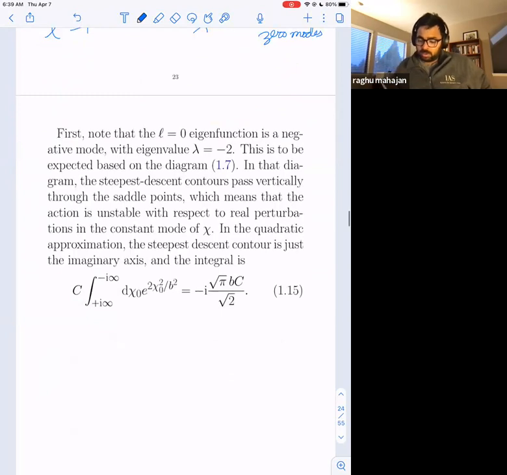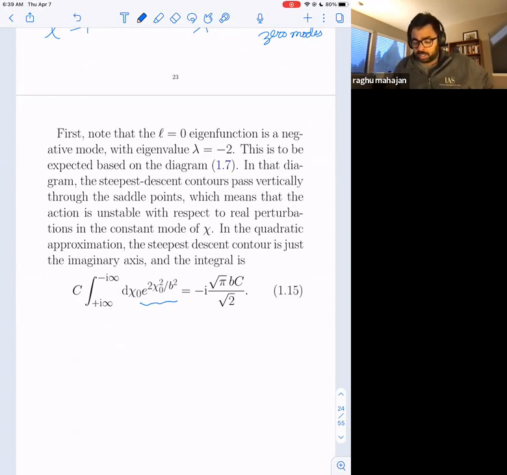Okay, so this equation 1.15 is what I was trying to explain before about the 0 mode and the factor of I. We have a 0 mode, so the exponential looks like e to the positive, but we are supposed to integrate in the vertical direction.